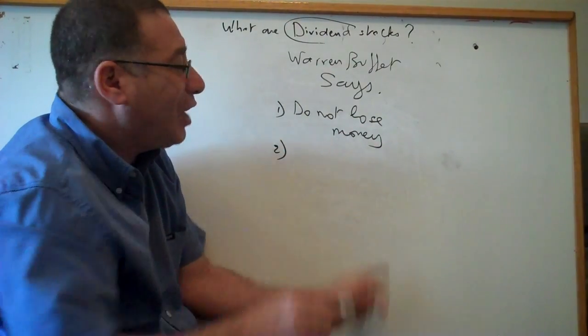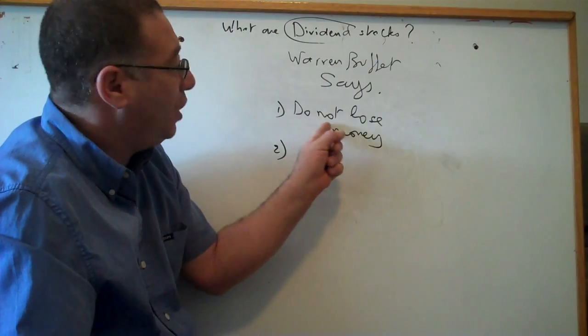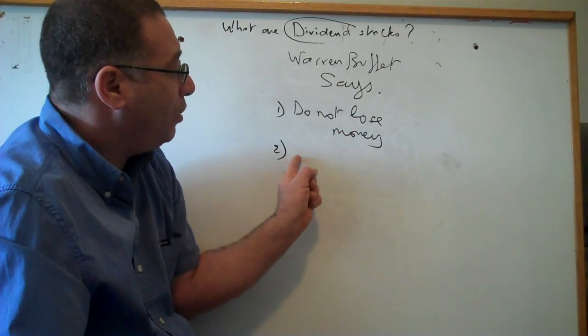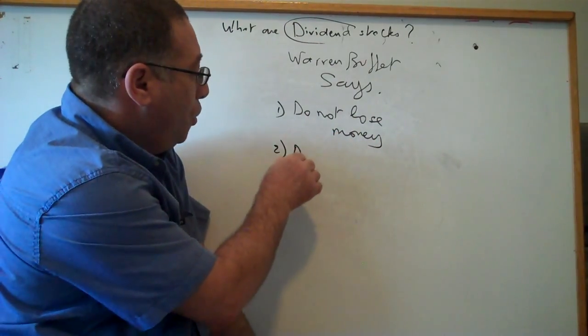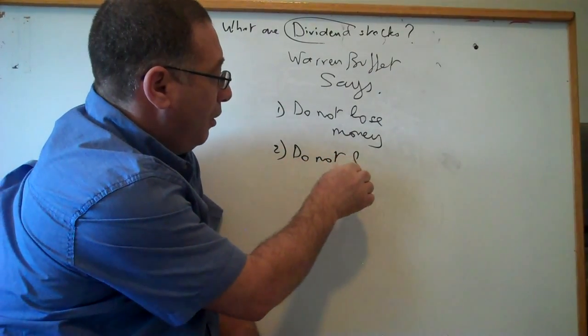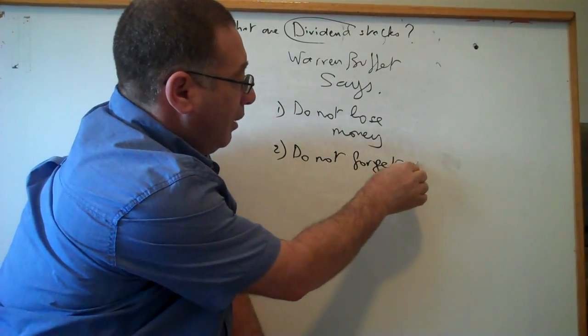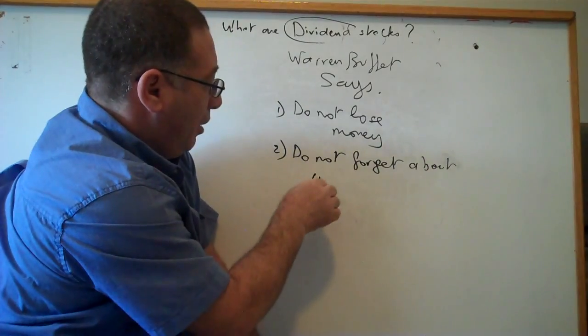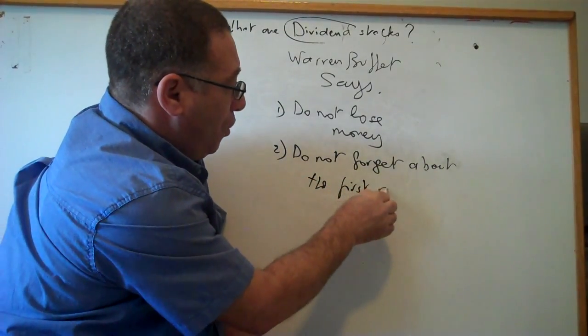You shouldn't let the stock go down and think that it goes up. And the second rule, this is the first rule: do not lose money. The second rule is do not forget about the first rule.